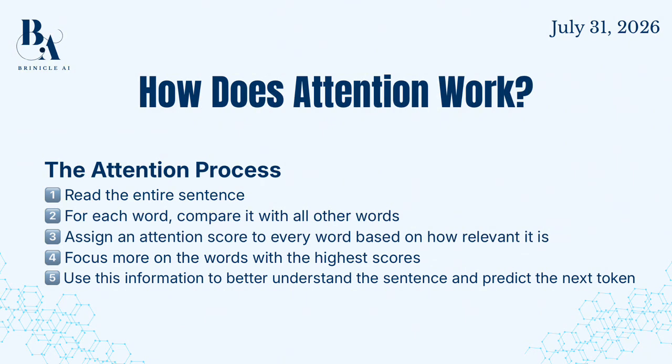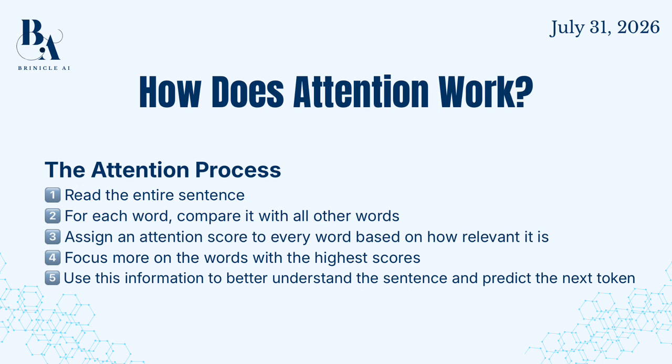Words that are more relevant receive higher scores, while less important words receive lower scores. The model combines this information to build a richer understanding of the sentence before predicting the next token. This process happens for every word in the sentence simultaneously. That's why modern LLMs understand context much better than older language models.